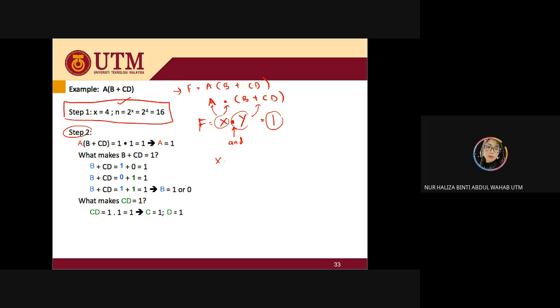Your X must equal to 1 and your Y must equal to 1 also. Then you will get the output of 1. Right? So, how to get 1? Let's say I have this A, B, C, D, zeros.